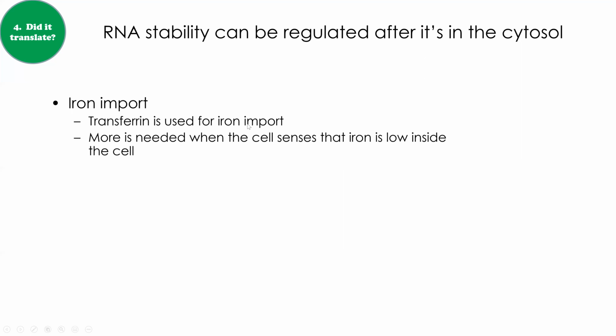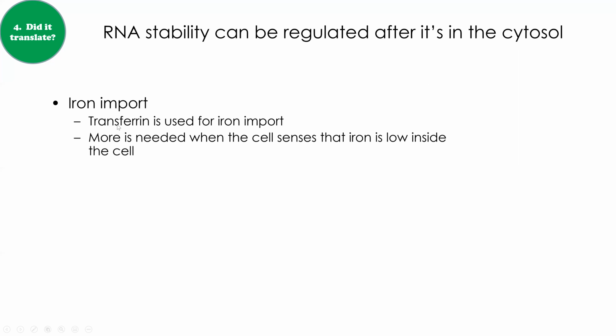Okay, and think about this again in kind of a relaxed, common sense sort of way. When the cell senses that iron is low, it wants to bring more iron in. So you're trying to maintain a specific concentration of iron within the cell. If that gets low, you want to bring more in. We're going to make more transferrin to help with that.